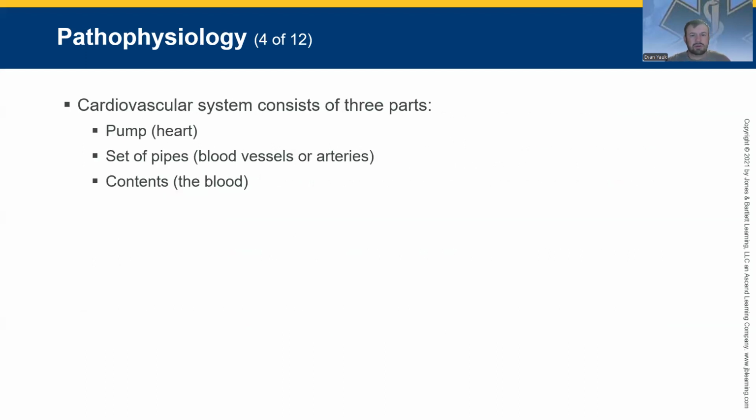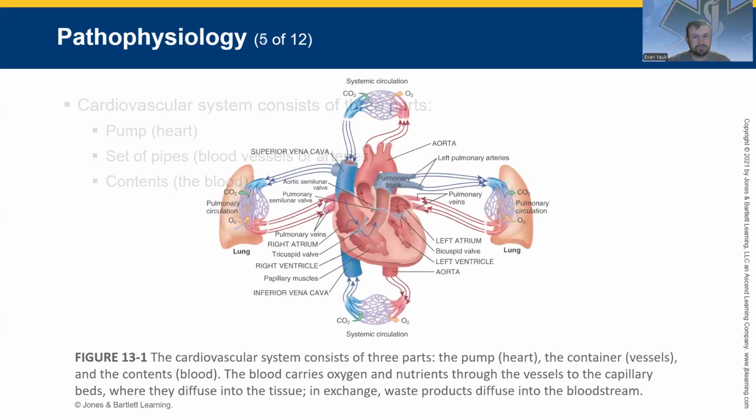So, your cardiovascular system consists of three parts. It's your heart, which is your pump, your pipes, which are your vessels and arteries, and then your content, which is going to be your blood or fluids. We've seen this before in previous chapters, just the flow of blood through the body. So we start there in your right atrium. We go down to our right ventricle.